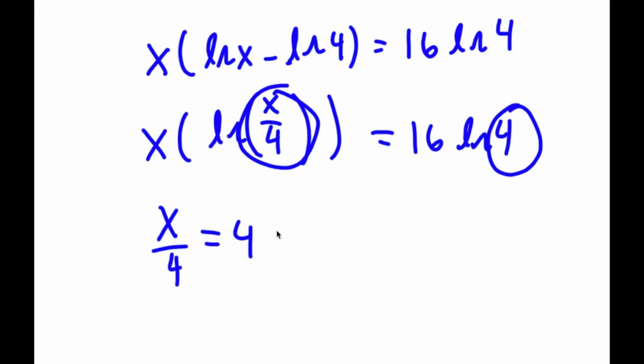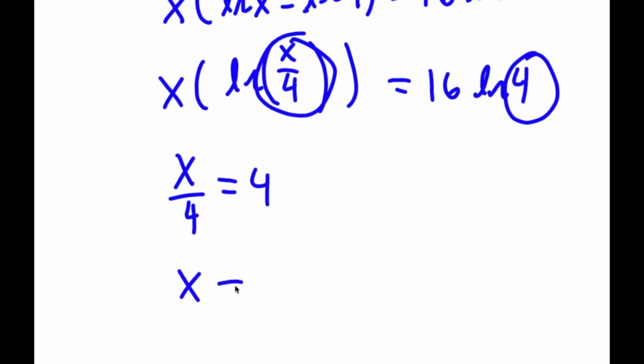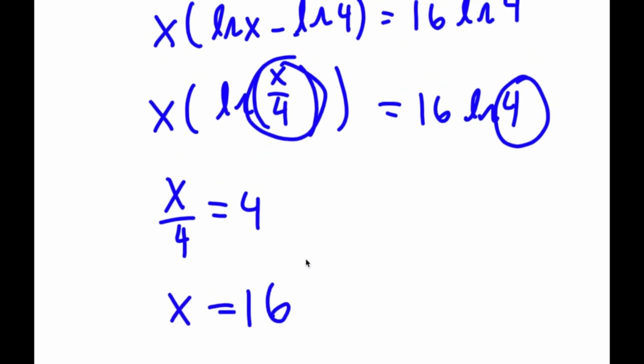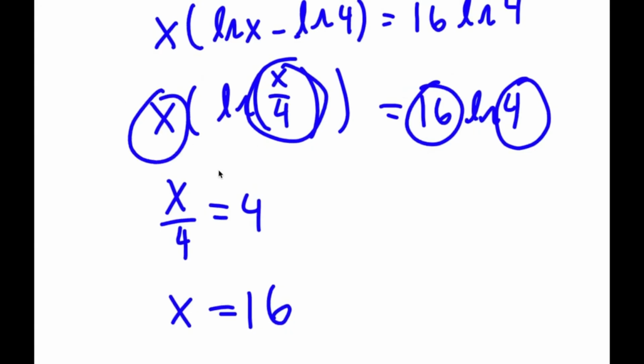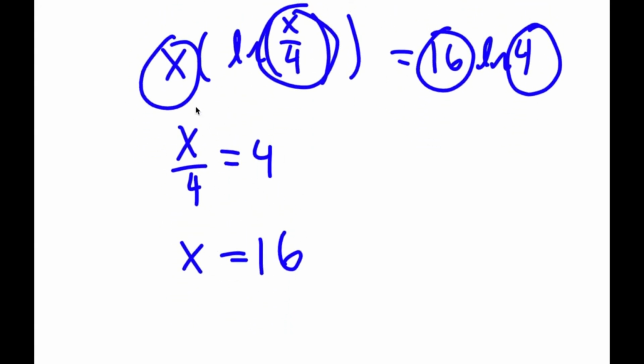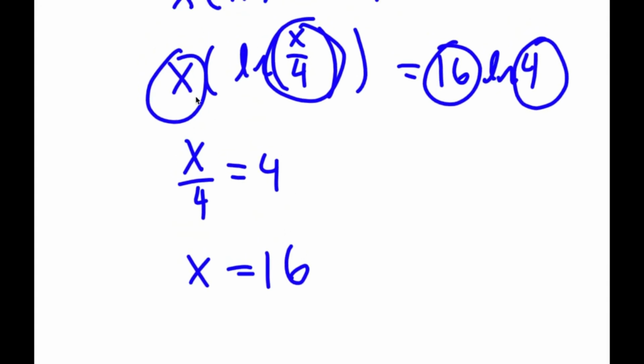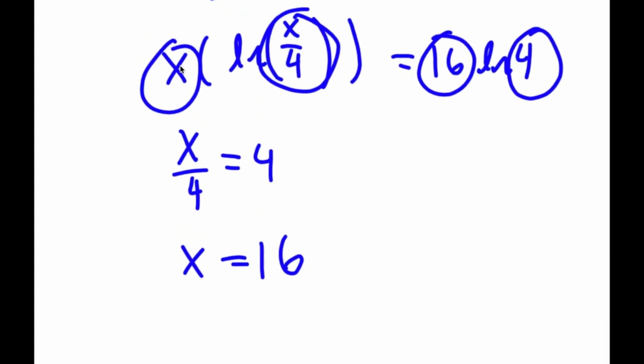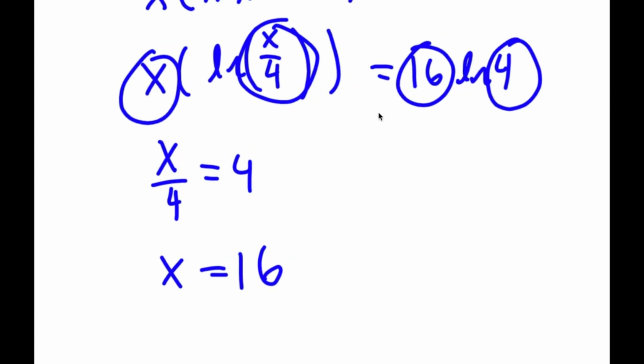So if x over 4 is equal to 4, this means that x is equal to 16, because these two have to match up as well. So now to check, let me plug this in over here. If I plug in 16 for x, I get 16 times ln of 16 divided by 4, which is 4. So I get 16 times ln 4 is equal to 16 times ln 4.